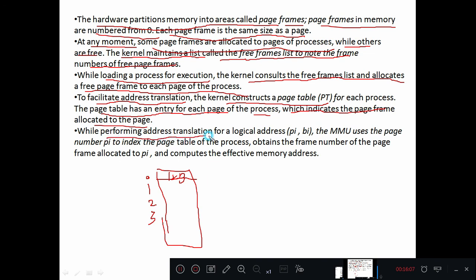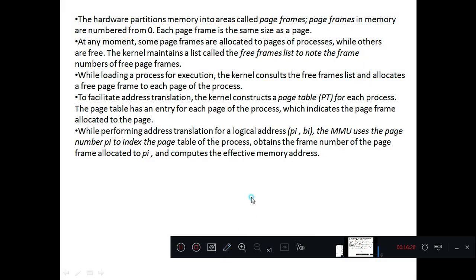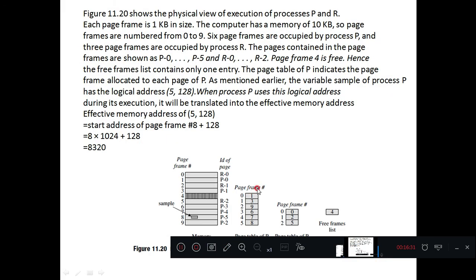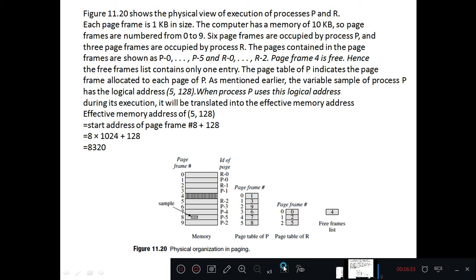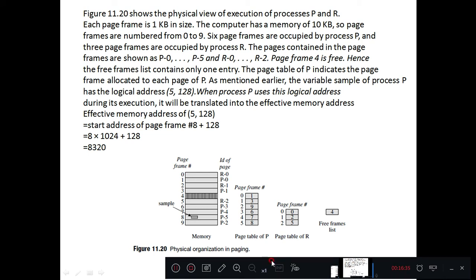Then while performing address translation for a logical address, the memory management unit uses the page number Pi to index the page table of a process, obtains the frame number of the page frame allocated to Pi, and computes the effective memory address. Now here the concept of page frame will be clear in this slide.